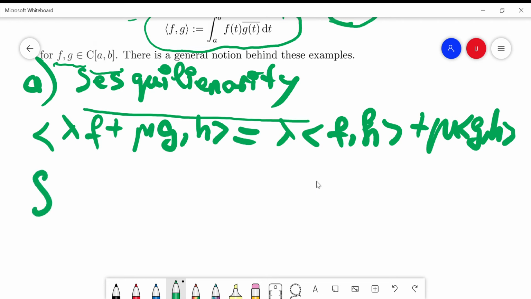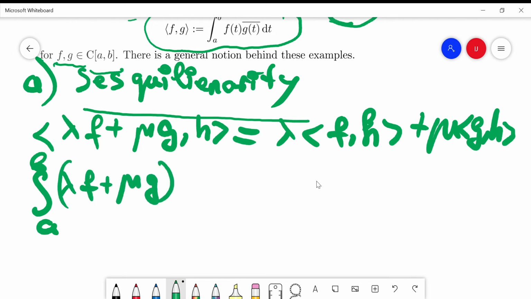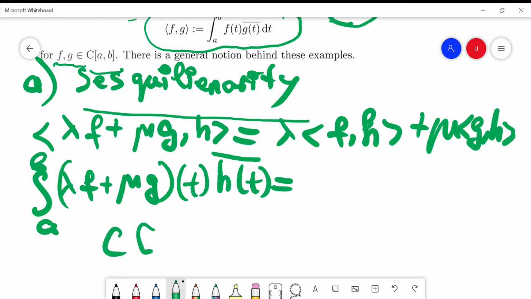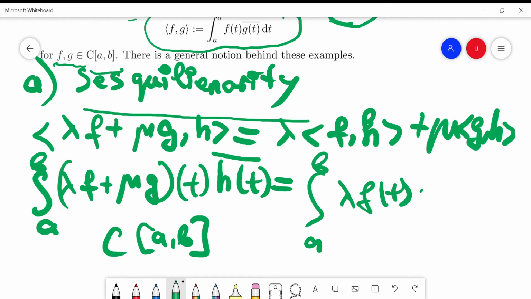So we can write this in this form, with a and mu g, as h multiplied by h conjugate. Since our function space is also a vector space, we have linearity, and we can expand this in this form without any doubt.